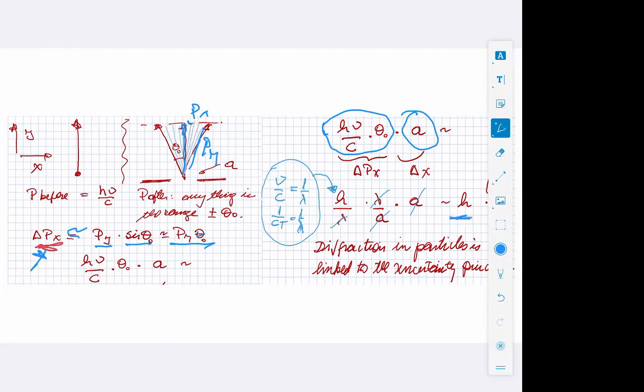Something of the order h. So for my particular experiment here, with this slit of size A, if I multiply delta px obtained from the graph by the size of delta x, which is equal to A, I get something of the order of h.